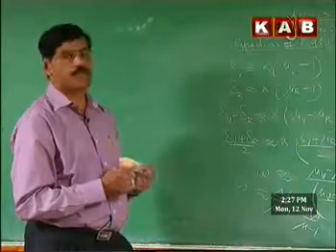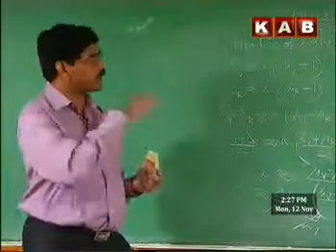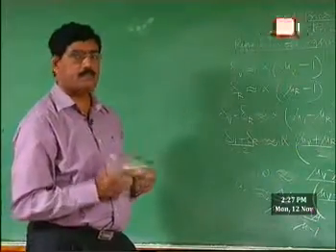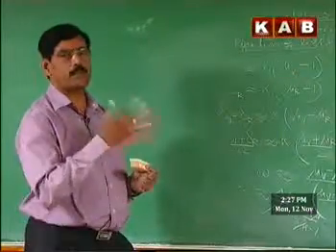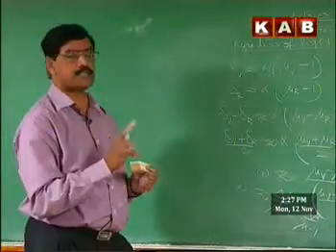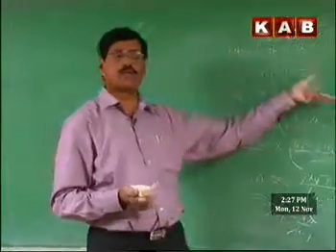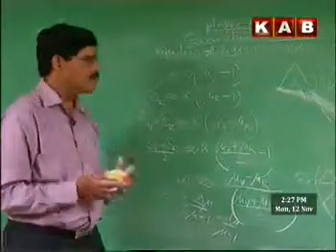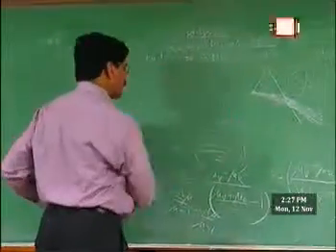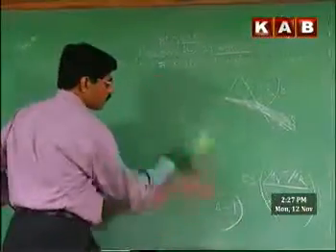But in some applications, we need only the deviation produced by a prism without dispersion, or in some applications we need only dispersion without deviation. So in such cases, we use a combination of prisms. What do we use a combination of prisms for?